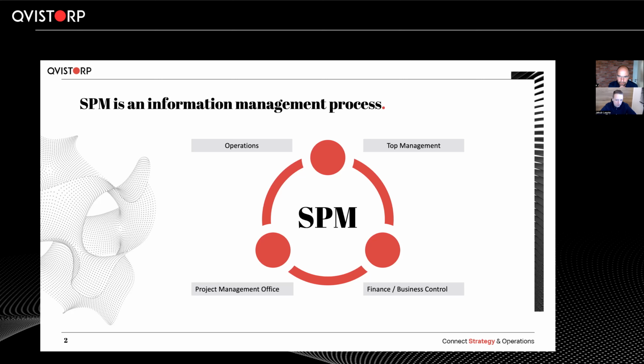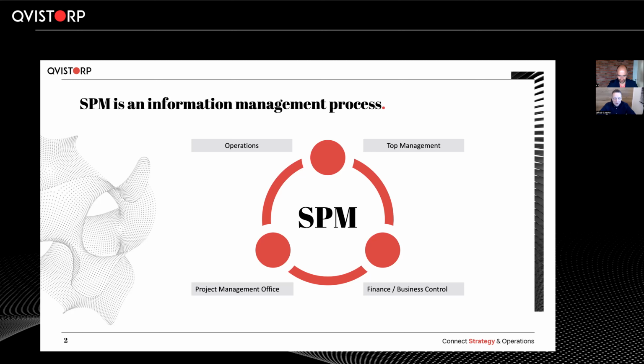So those are the usual actors which may be involved, and SPM is in the middle and helps to facilitate information flow, helps to create the framework for the process, framework for criteria for decision making, for reporting. So we consider SPM as an information management process. SPM usually doesn't make the decision by itself, but it creates an environment for efficient decision making.